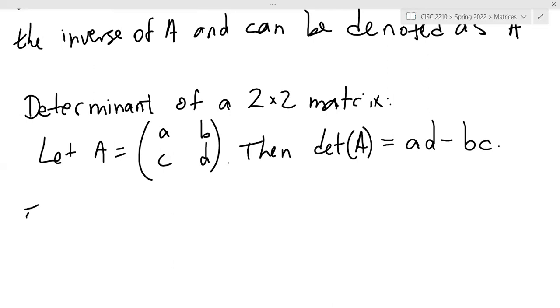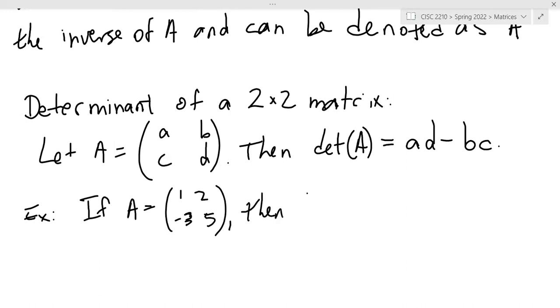So for example, let's say we have A equal to 1, 2, -3, and 5. Then the determinant of A is going to be a times d, so top left times the bottom right, minus the top right times the bottom left, which is 11.